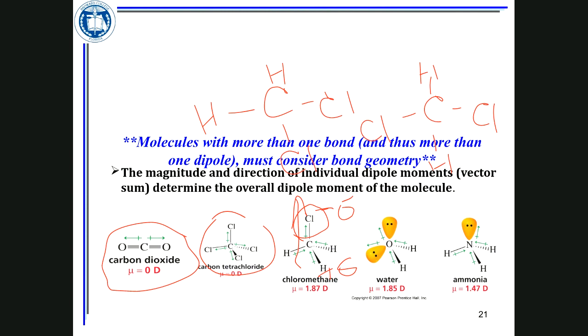If it's attached to different elements, your molecule is going to be a polar molecule, regardless of how many of them there are. So you have 2 chlorine, 2 hydrogen. The central atom is attached to 2 different types of elements, so your molecule is going to be polar. But this one, because carbon is attached to 4 chlorine, is going to be nonpolar.